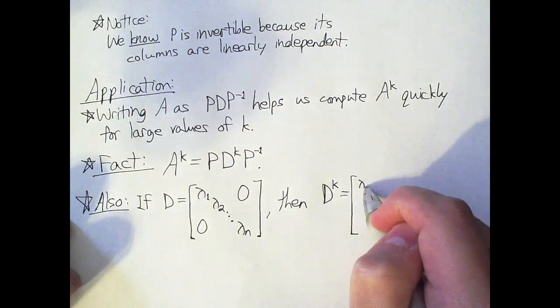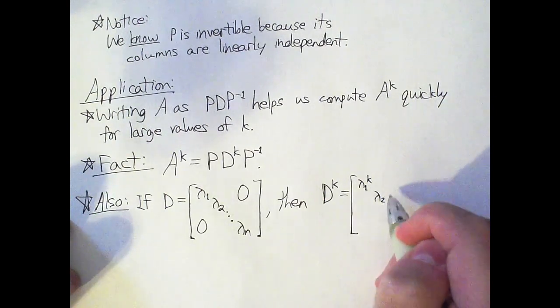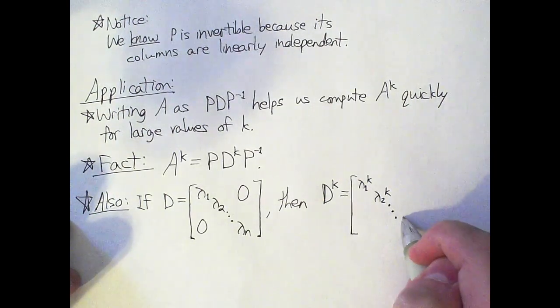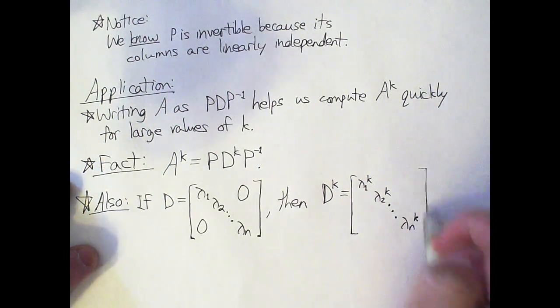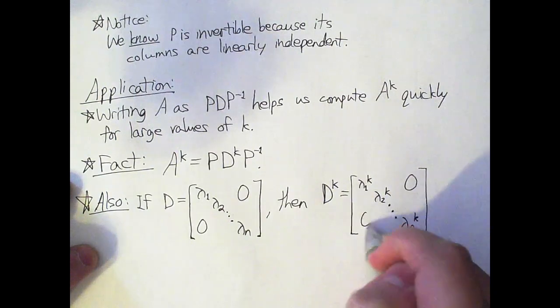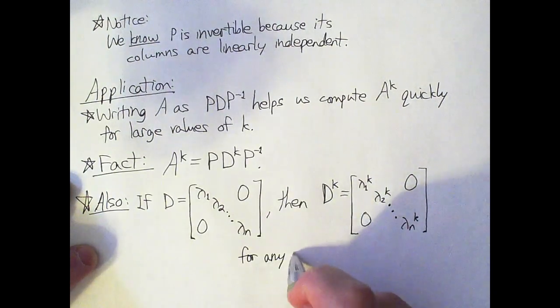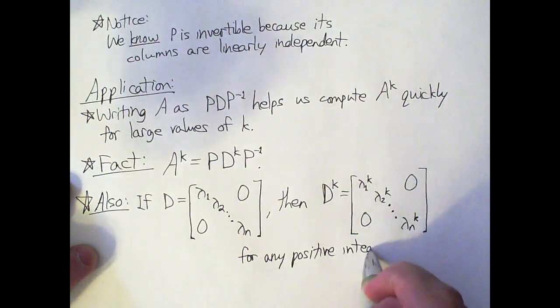All you have to do is raise each one of these to the k for a diagonal matrix. And I'll say for any positive integer k.